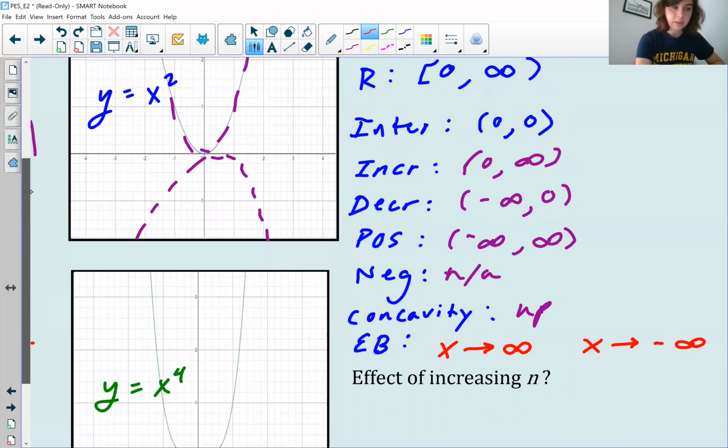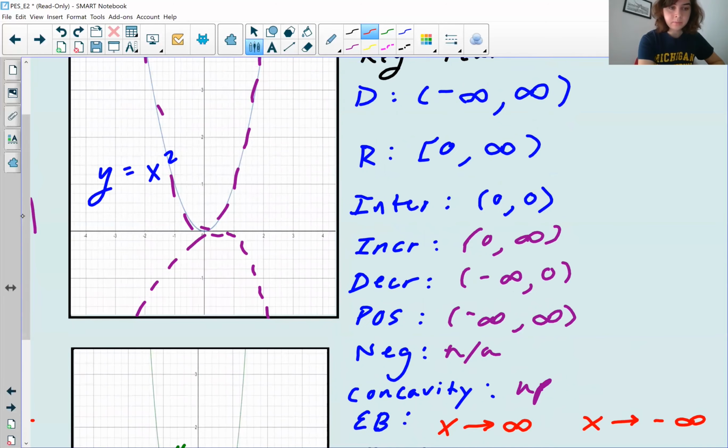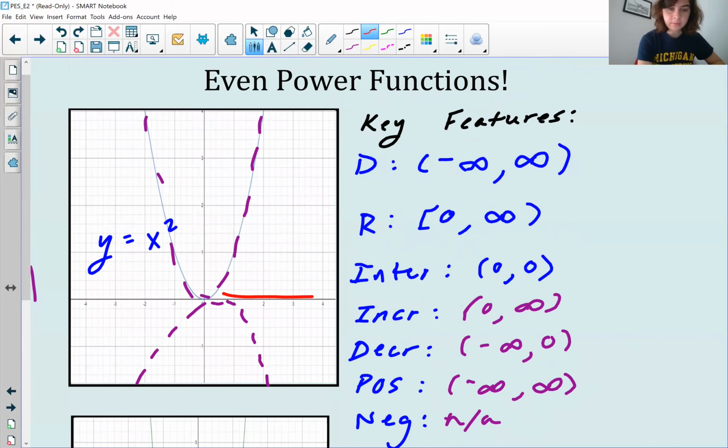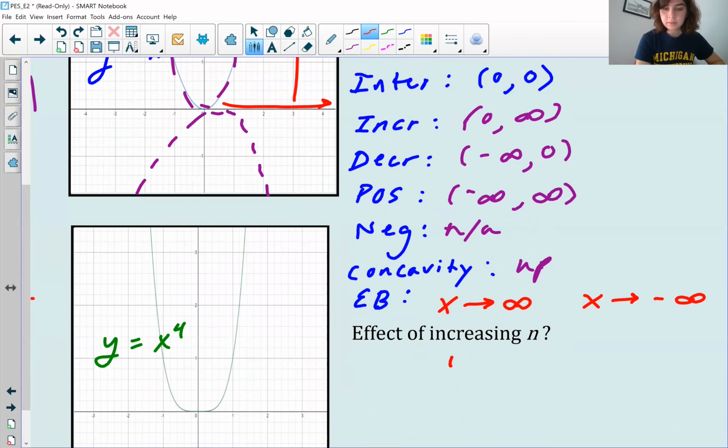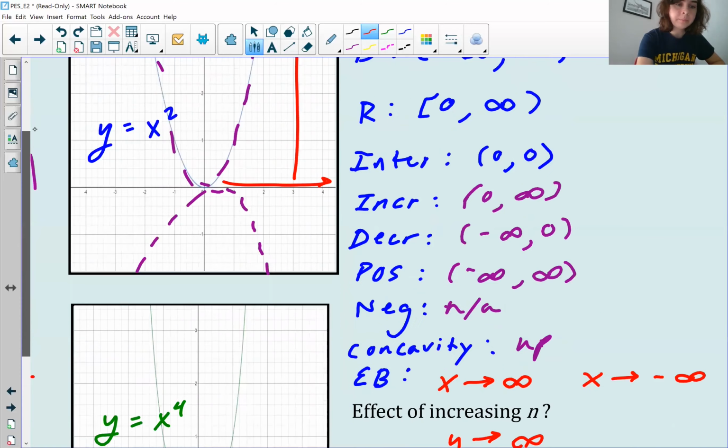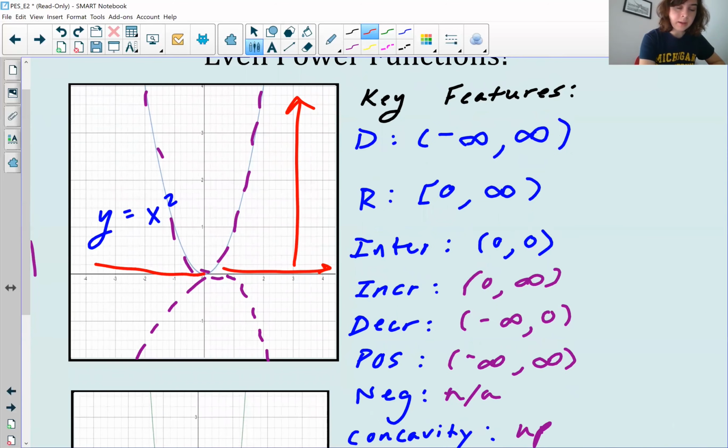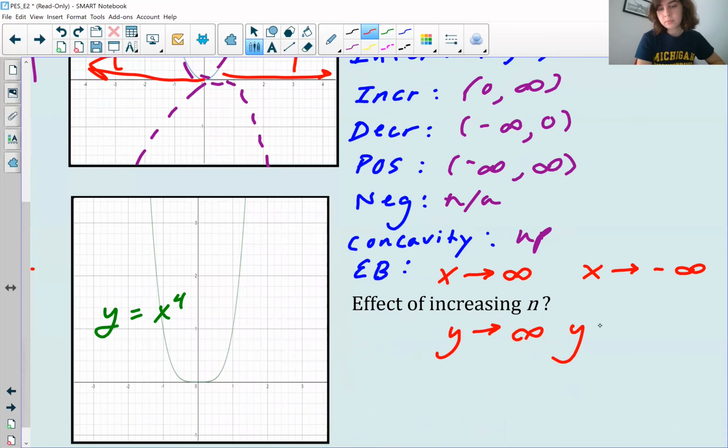So if we check positive infinity, I'm looking to the right, and I want to see what my y values are doing. And they are steadily going to positive infinity. And then as x goes to negative infinity, our y values are still going to positive infinity. So I will add that in there.